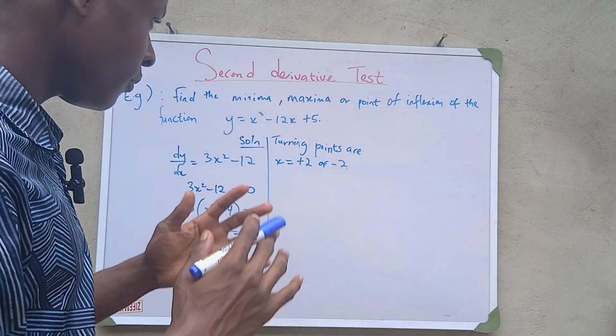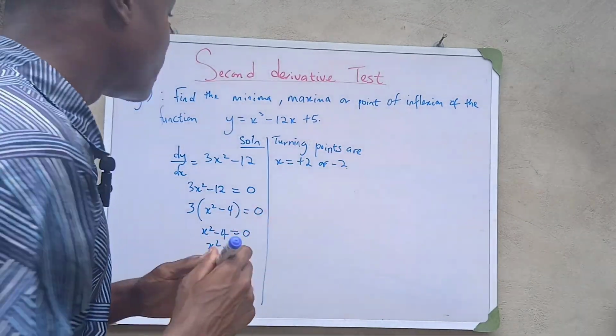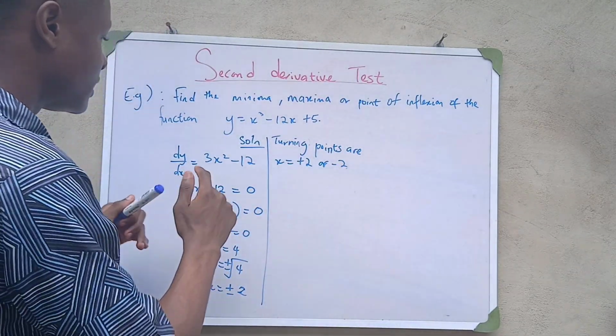The next step is to find d²y/dx², which is the second derivative.